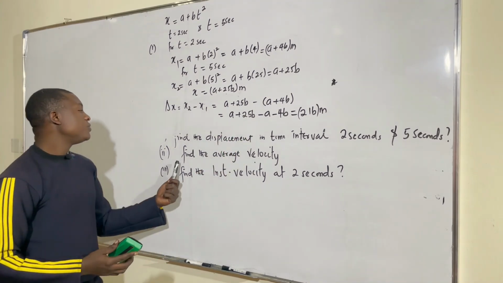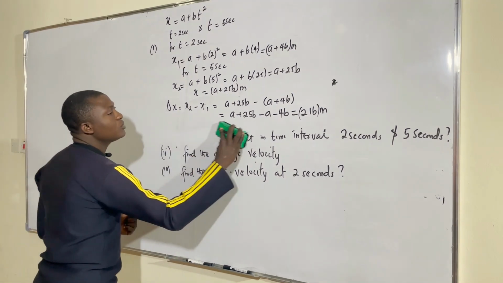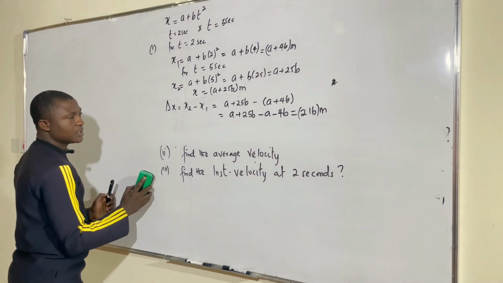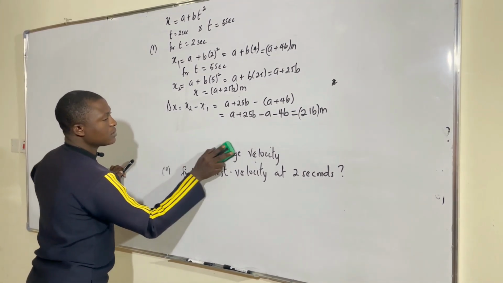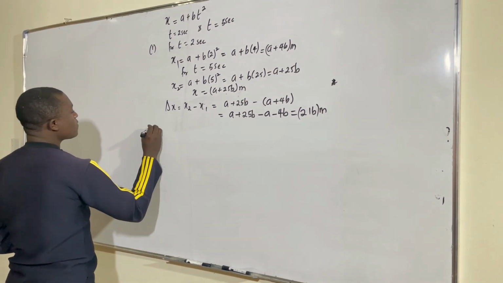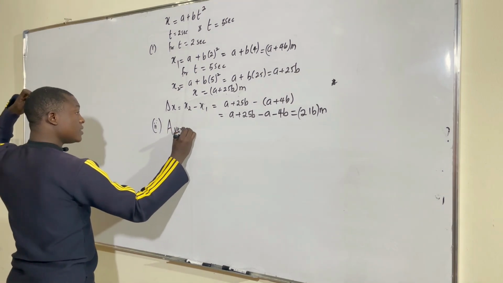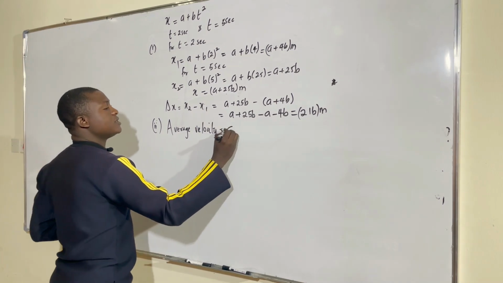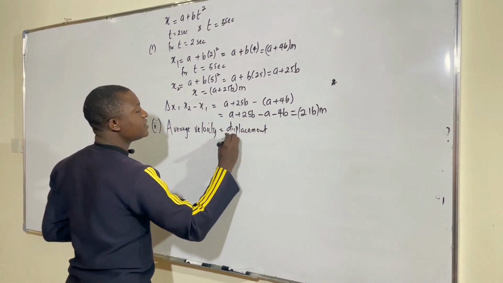They said we should find the average velocity. So how are we going to go about that? Recall that velocity is nothing but displacement over time, right?